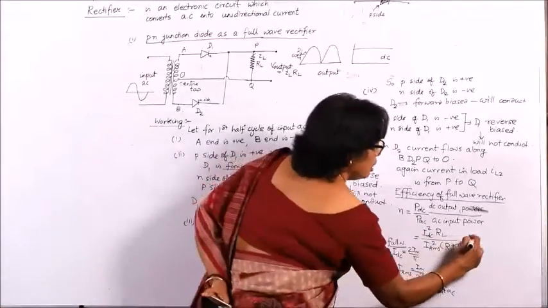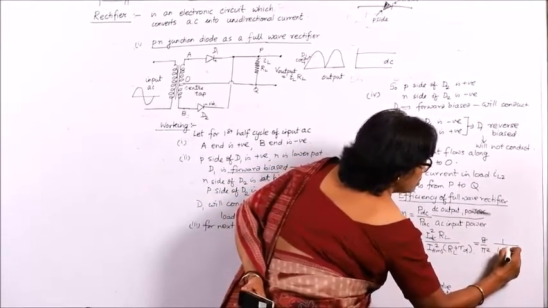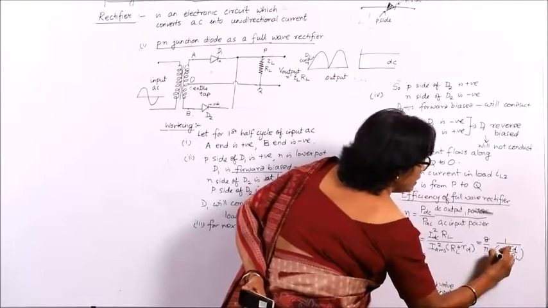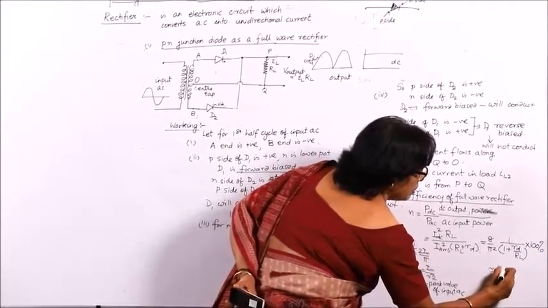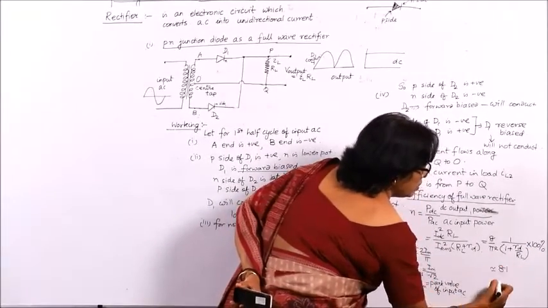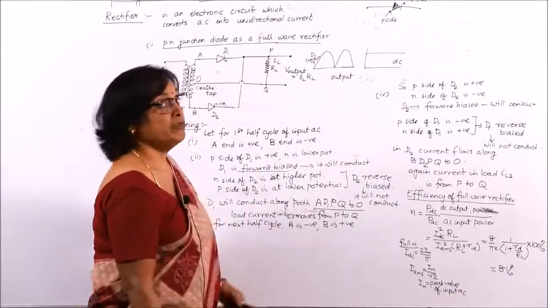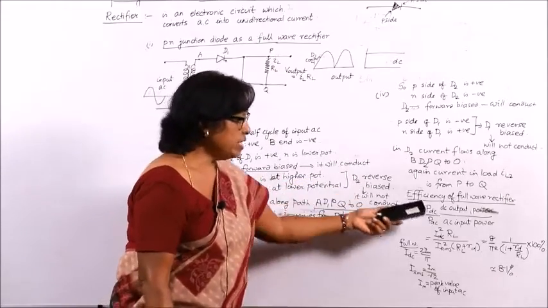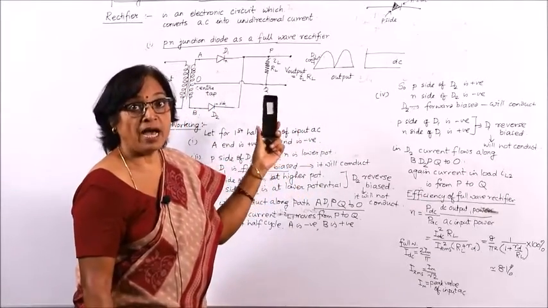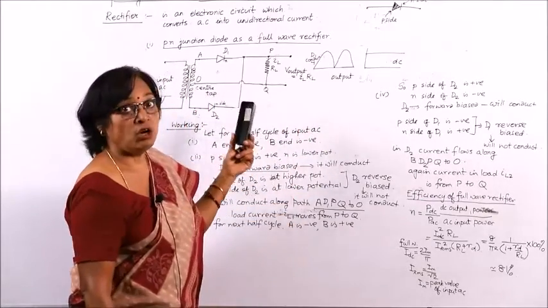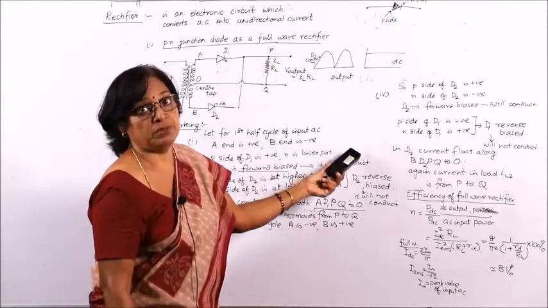If you put all this, you get 8 by pi square into 1 by 1 plus RD by RL, and expressed in percentage it will be 80.6 or 81%. So, the efficiency of a full wave rectifier is nearly 80%, whereas it is only 40% in the case of a half wave rectifier, and that is why in all circuits we use a PN junction diode as a full wave rectifier, not as a half wave rectifier.